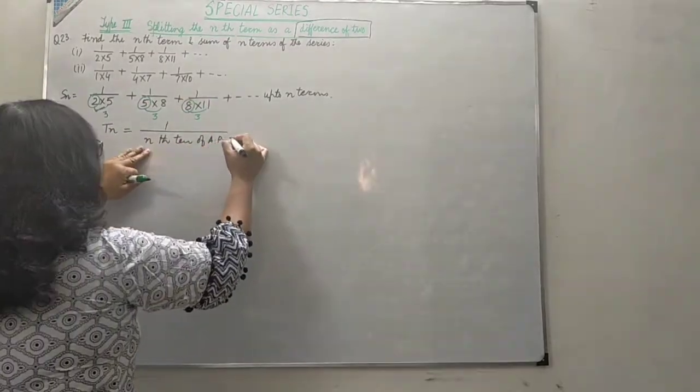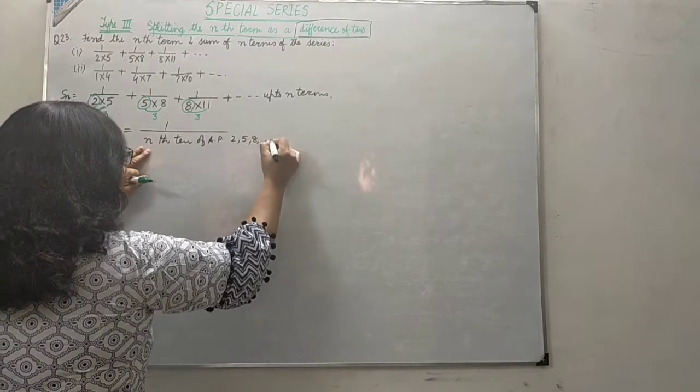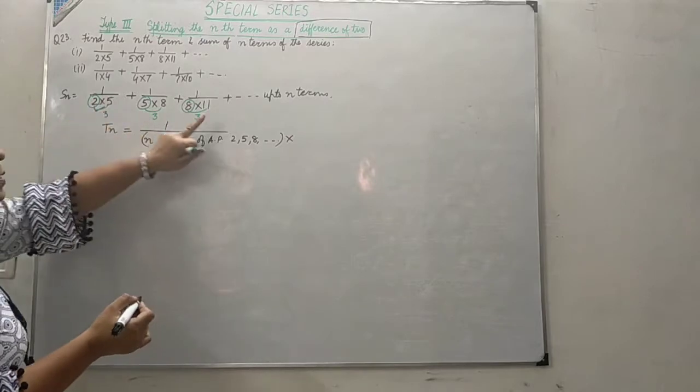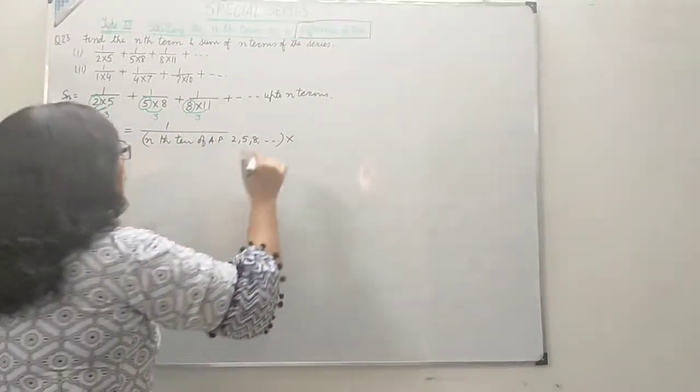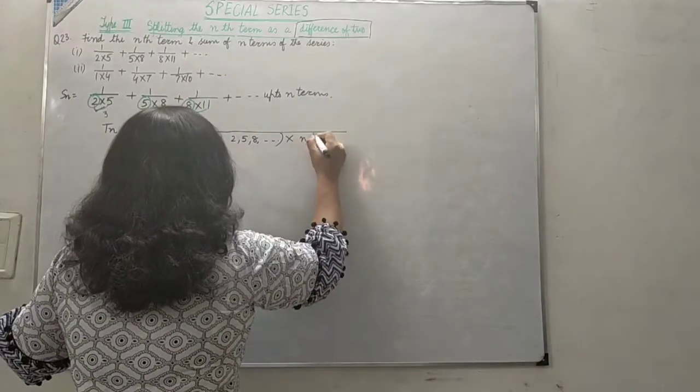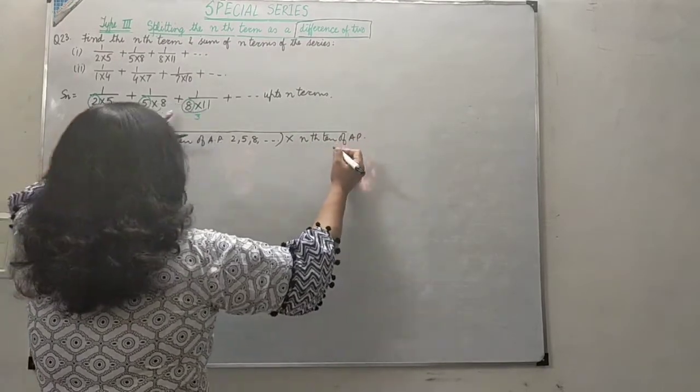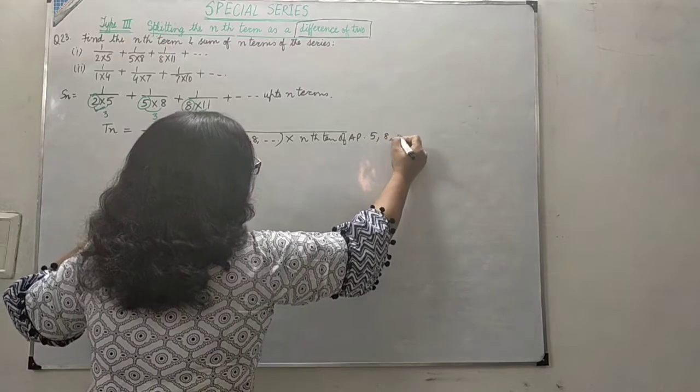So the nth term of the AP 2, 5, 8 and so on, with the common difference plus 3, you can write that, or you can write the nth term of the AP 5, 8, 11 and so on.